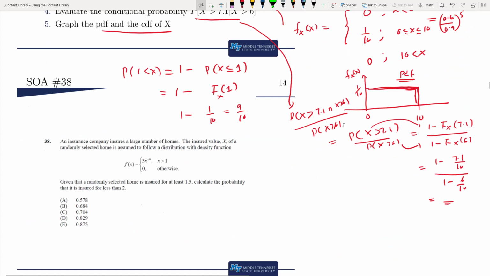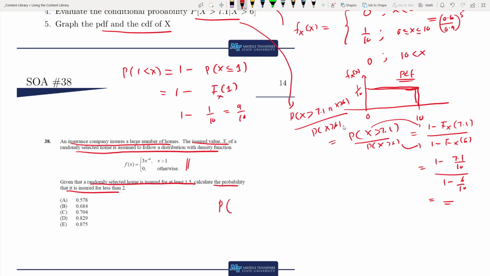So here's another SOA problem. This one says an insurance company insures a large number of homes. The insured value X of a randomly selected home is assumed to follow a distribution with a given density function. Given that a randomly selected home is insured for at least 1.5, calculate the probability that it is insured for less than 2.